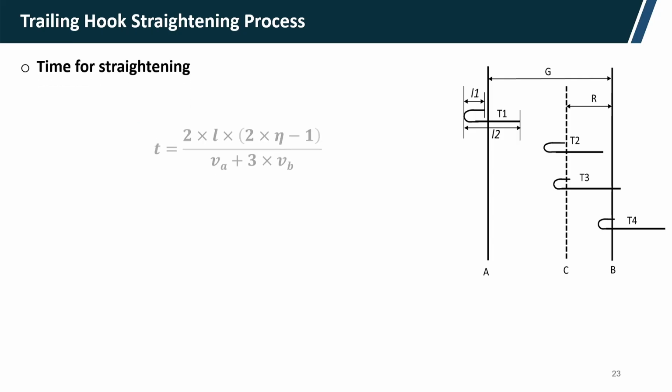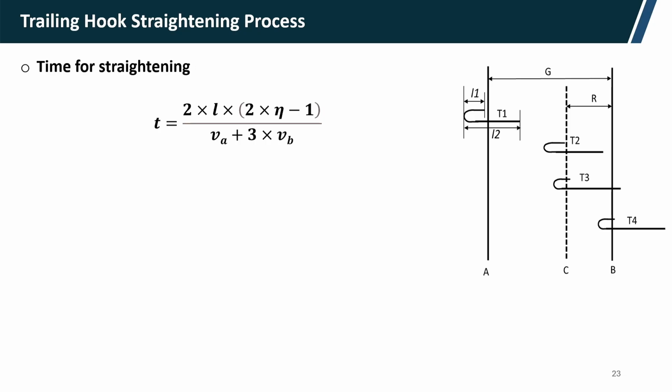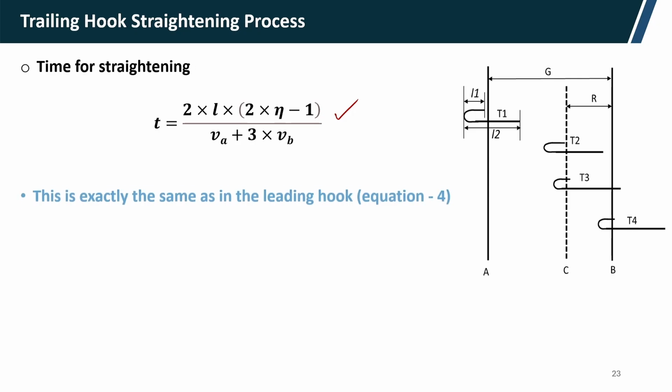The time for straightening we can derive here: 2L multiplied by (2 eta minus 1) divided by (VA plus 3 VB).